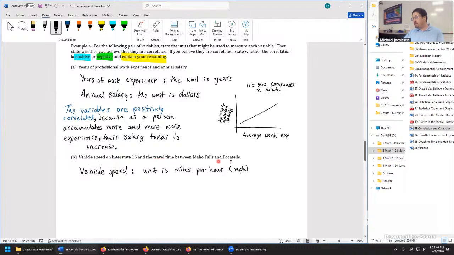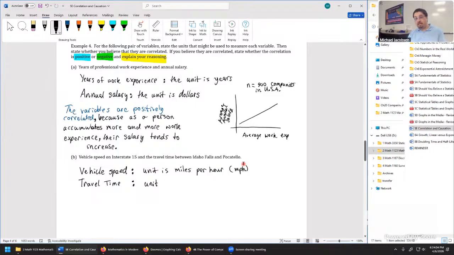Next is travel time between Idaho Falls and Pocatello. So let's say travel time. That's the next quantitative variable, which means it also has a unit, but it's a time unit. So if you gave me something like seconds, I mean, that works. We could measure travel time in seconds. That absolutely fits the problem.